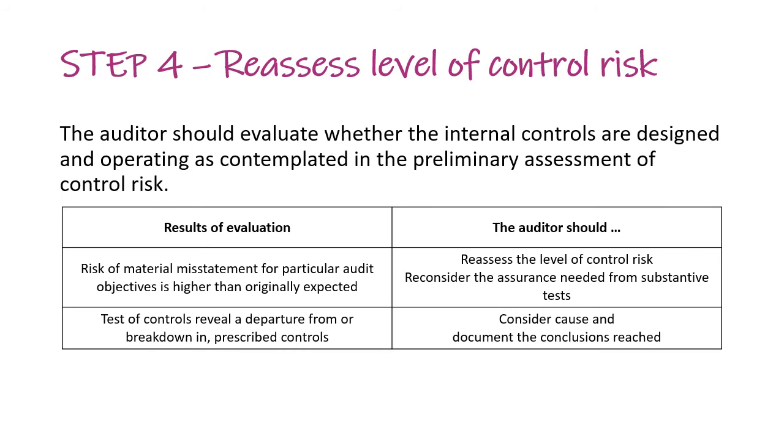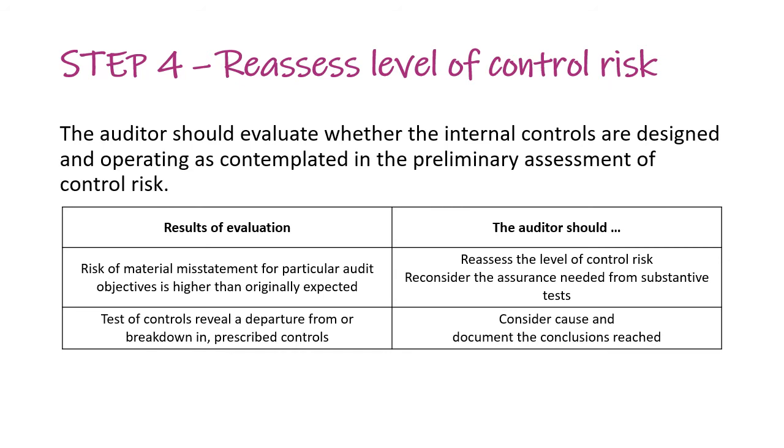So first is, if the risk of material misstatement for particular audit objectives is higher than originally expected, so after sa imong preliminary assessment nag-test of controls ka, tanaw nimo ang risk sa material misstatement murag mas dako-dako man siguro kaysa sa katong una na akong expectation.